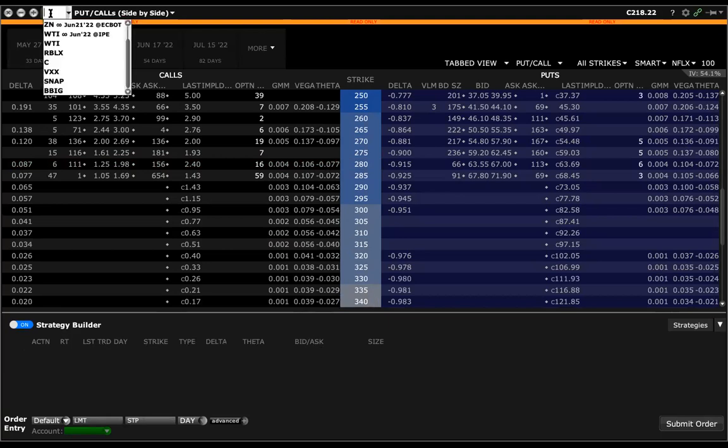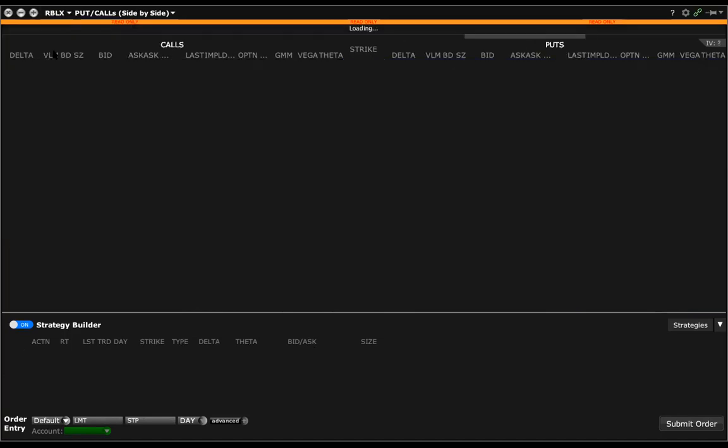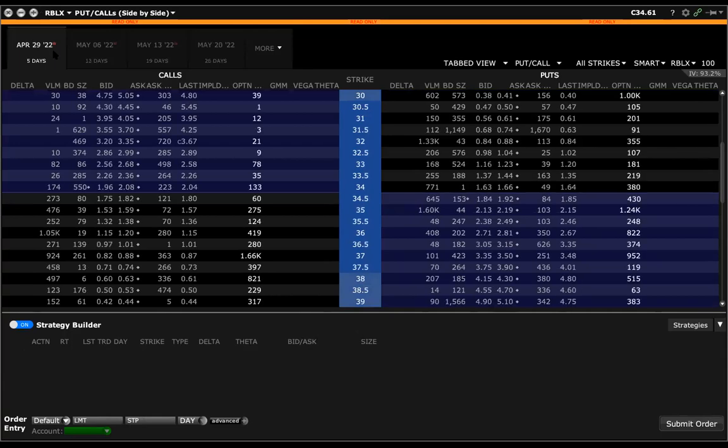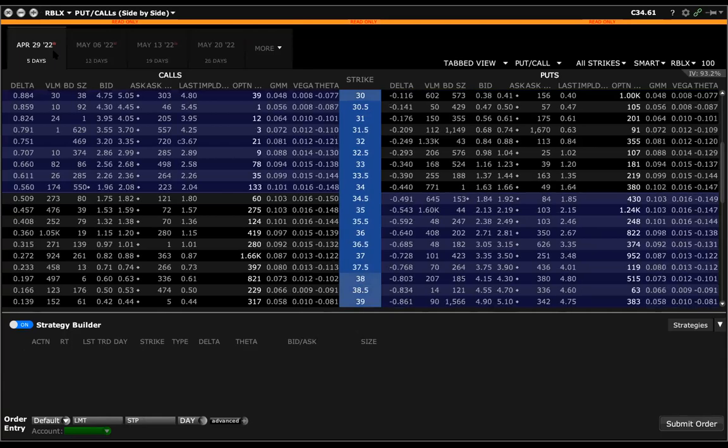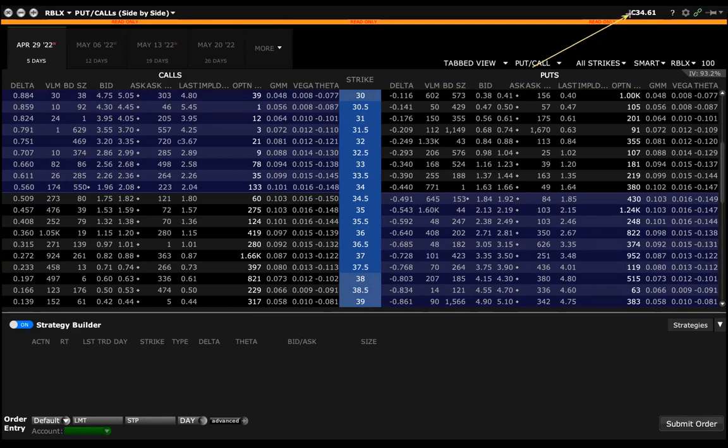For example, I will take Roblox, because I see it here. Many say that Roblox has that potential. It can go up. It's at $34 now. How do I know? It's here, $34. And let's say it's an opportunity to buy the stock and to hold for 1 year or 2 years.